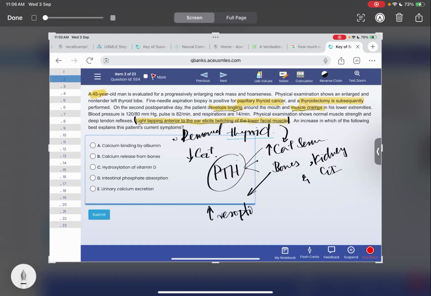How is it working in kidneys? It depends on the kidney alpha hydroxylase, which is stimulated by parathyroid hormone.